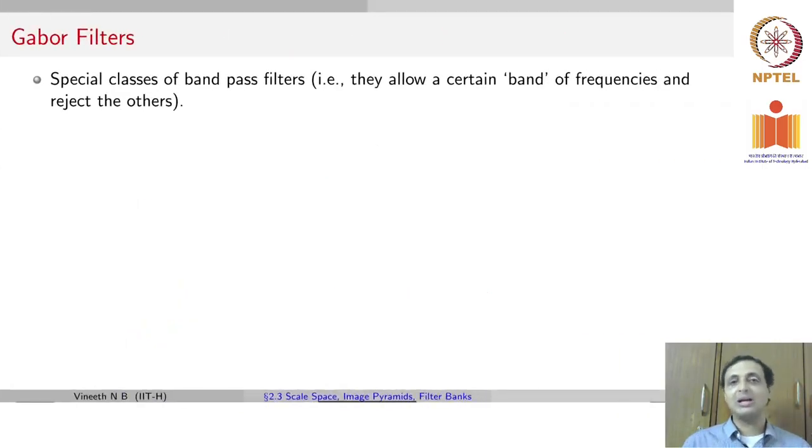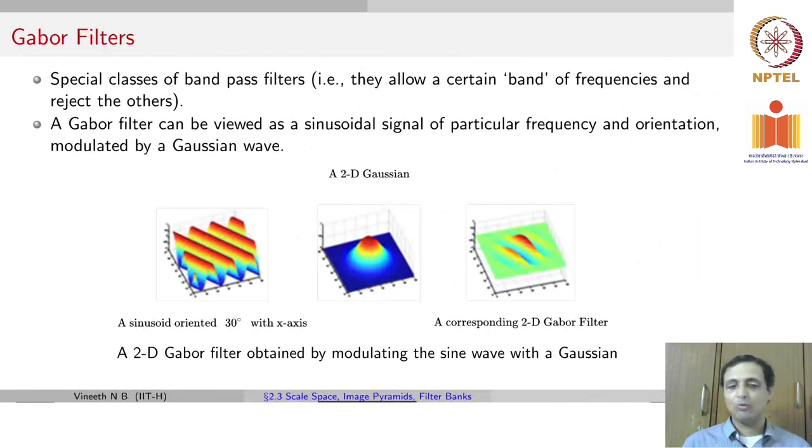We'll talk about a more concrete example, which are known as Gabor filters. Gabor filters are a very popular set of band pass filters. At a certain level, they are known to mimic how the human visual system works, but they allow a certain band of frequencies and reject the others. The way Gabor filters work is intuitively they can be seen as a combination of a Gaussian filter and a sinusoidal filter.